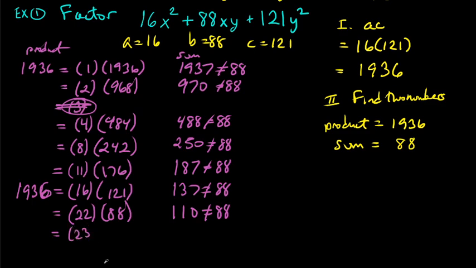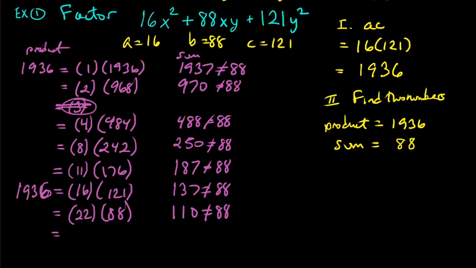So you can try 23. I don't think that's going to work. Let me get a calculator here. Divided by 23 doesn't work. 24 doesn't work, because you get a decimal, you don't get a whole number when you divide.